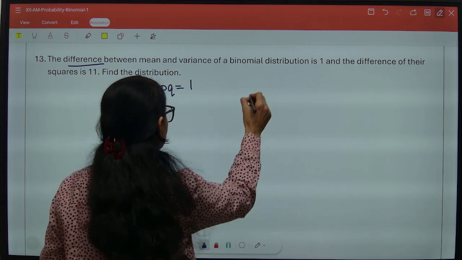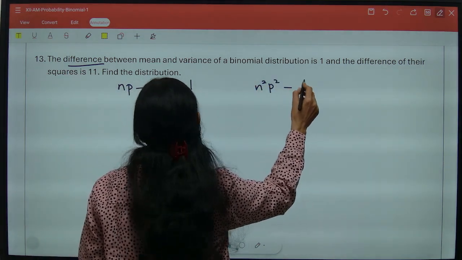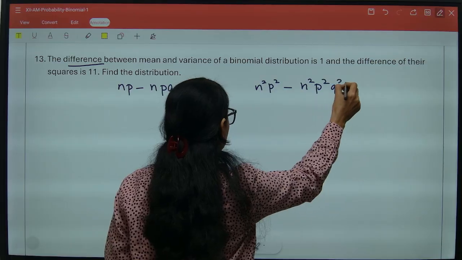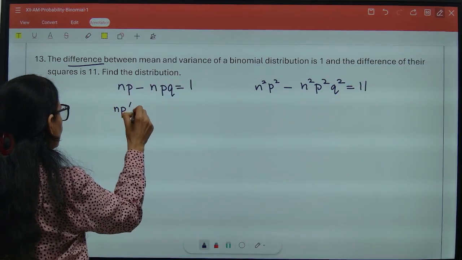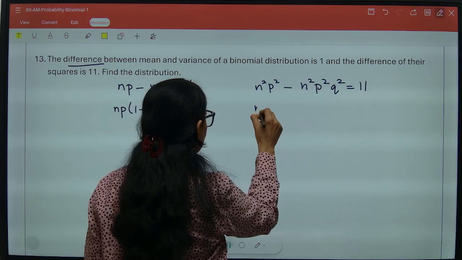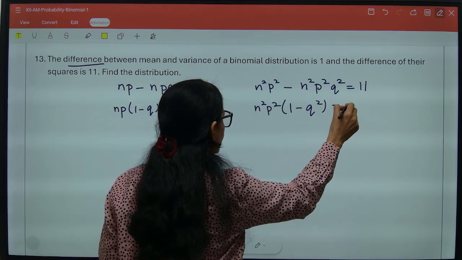Difference of their squares, that means n square p square minus n square p square q square is equal to 11. So if I take np common out, it becomes 1 minus q, and this is 1. And here also if I take n square p square out, it becomes 1 minus q square, and this is 11.